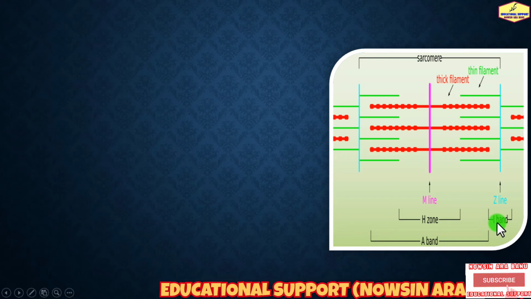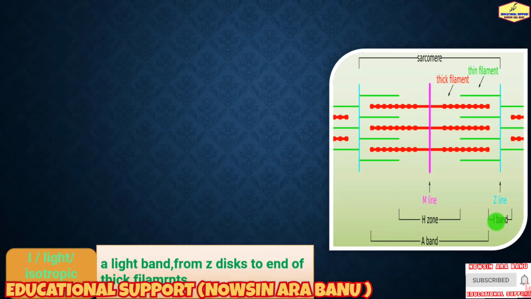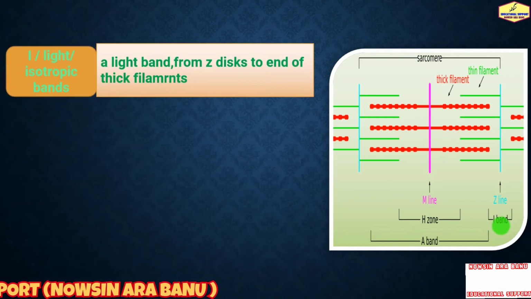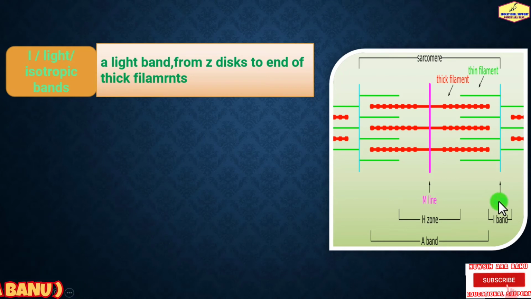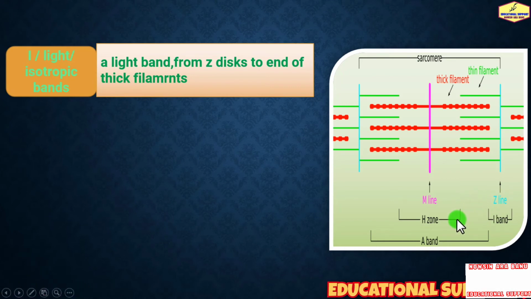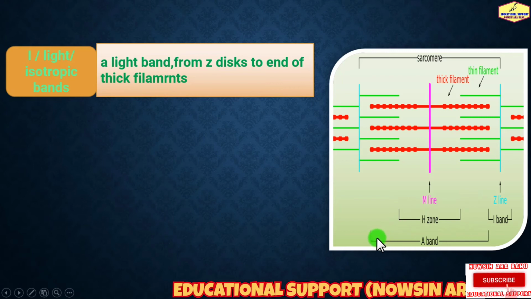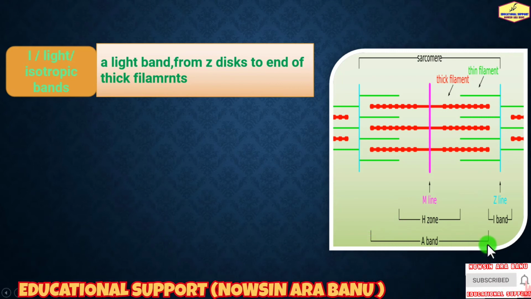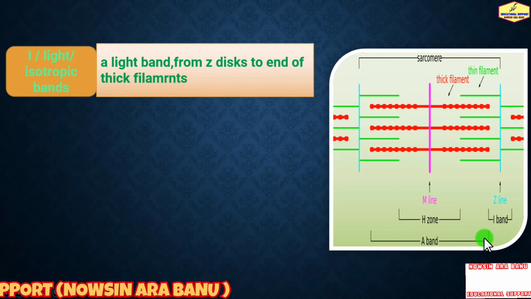A light band is from the Z-disc to the end of the thick filament, thin but no thick filament, and extends from the A band of one sarcomere to the A band of another sarcomere.